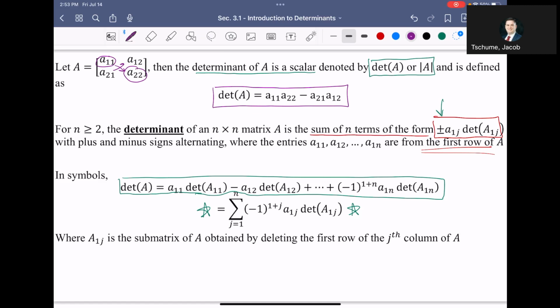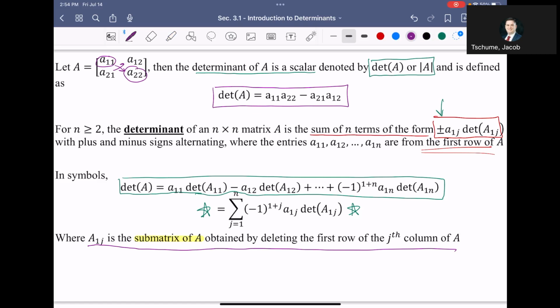Well, what we're going to do is we are going to let A sub 1j be the submatrix of A. Let me highlight that for the notes. It's going to be what I call the submatrix of A that's obtained by deleting the first row and the jth column.